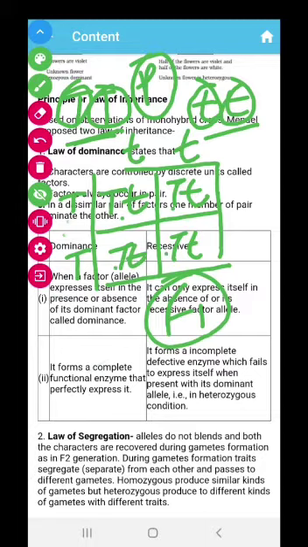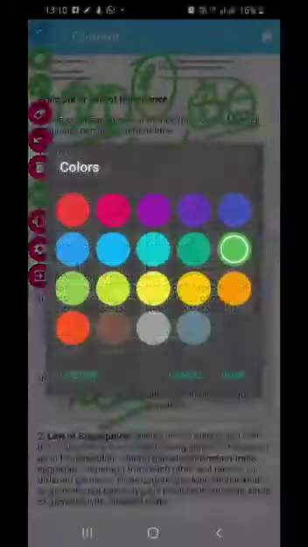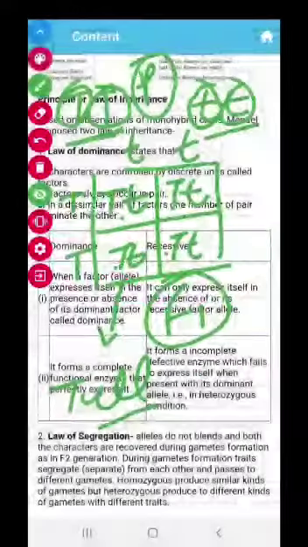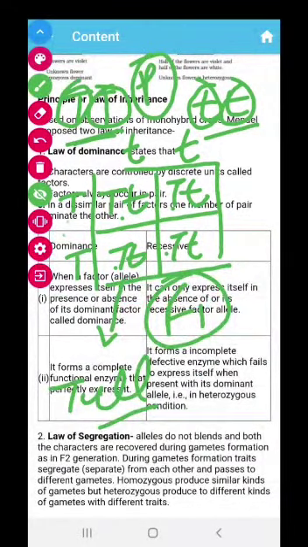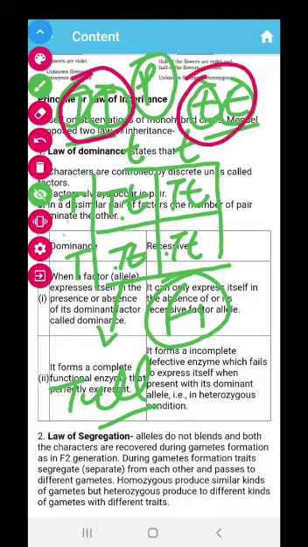If you see what Mendel observed, they all were tall, just like one of the parents, not like the other parent. So they all were tall like this parent.